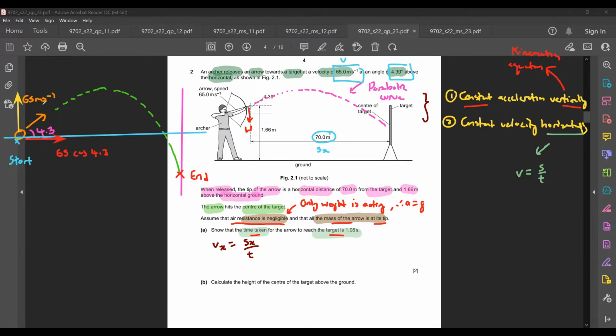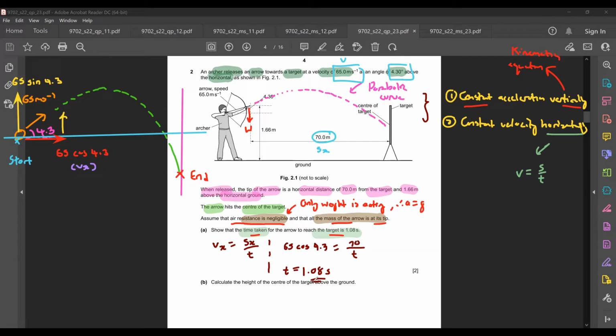The vertical velocity, if I shift it here so that it completes the triangle, is opposite to my angle, so it will be a sine. So this is 65 sin 4.3. Okay, so your horizontal velocity is this one, Vx. So you sub in your values. 65 cos 4.3 equals 70 divided by t. T would therefore be 70 divided by 65 cos 4.3, giving you 1.08 seconds.